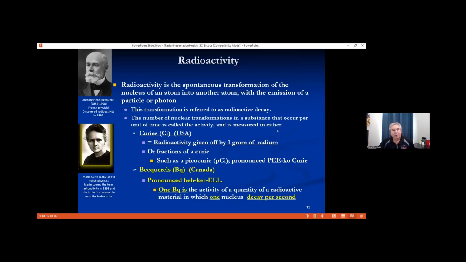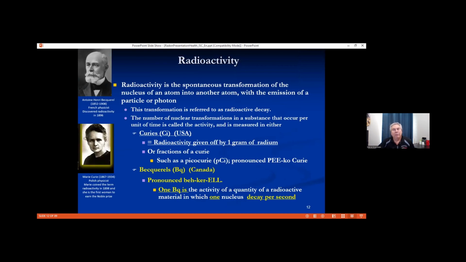When we talk about radioactivity, we measure radioactivity in different ways, and in Canada we use the term becquerels, pronounced becquerel. The definition of 1 becquerel is the activity or quantity of radioactive material in which 1 nucleus decays per second.